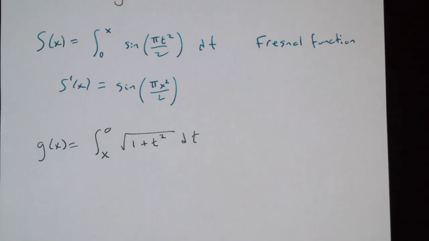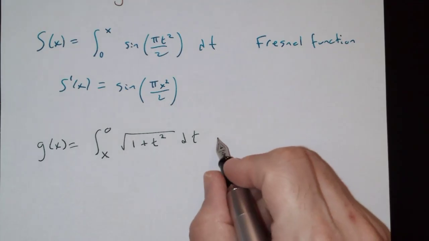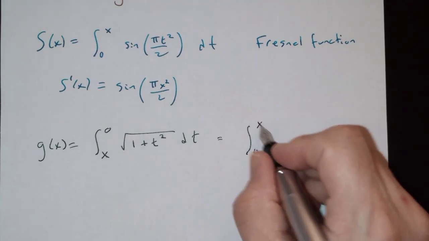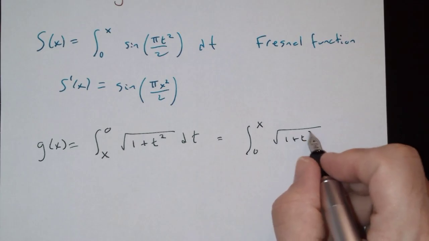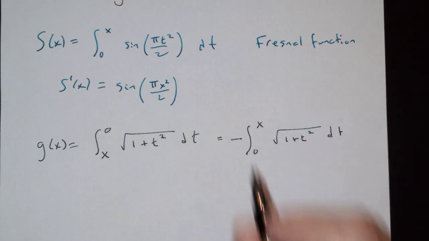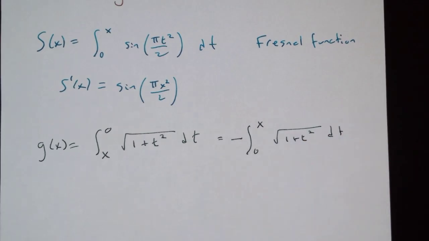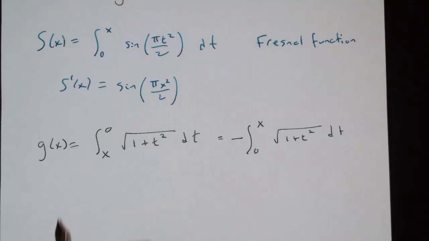Wouldn't that kind of orient my area? If going this way gives me a positive number, then going the other way would give me a negative number. So if I want to switch this, I can write this from 0 to x, but I get a minus sign in front of it. Then I can take the derivative using the fundamental theorem of calculus.